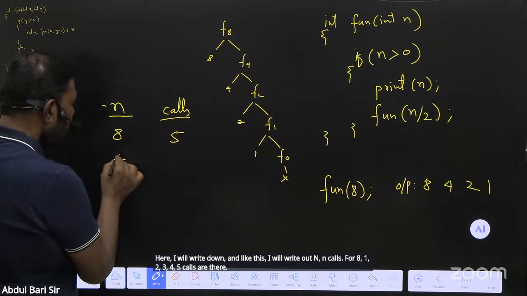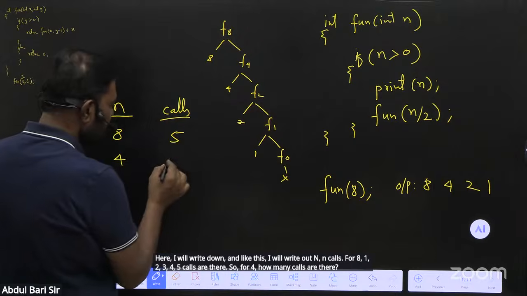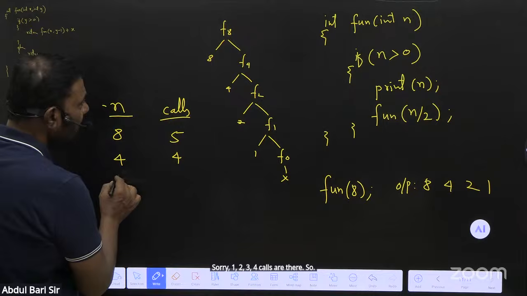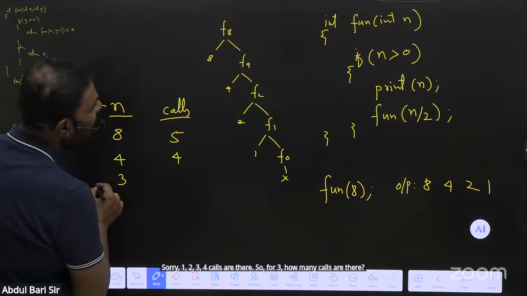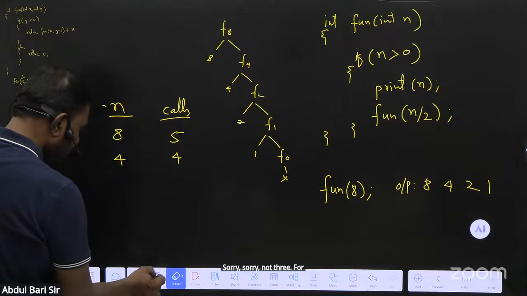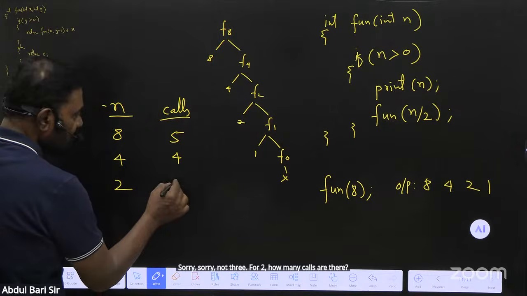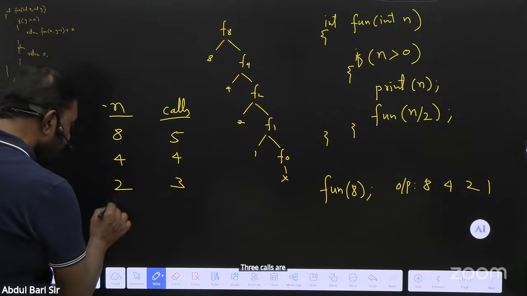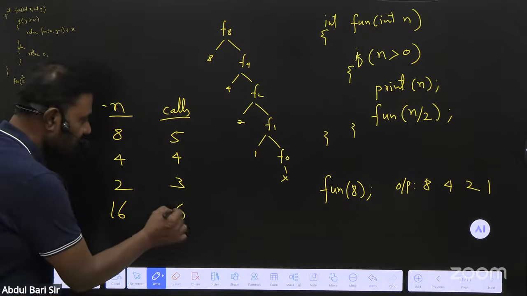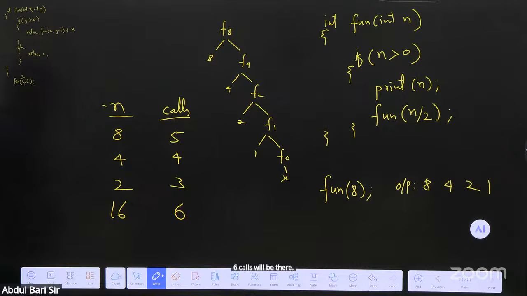For 4, 1, 2, 3, 4 calls are there. For 2, 3 calls are there. So for 16, how many calls will be there? 6 calls will be there.